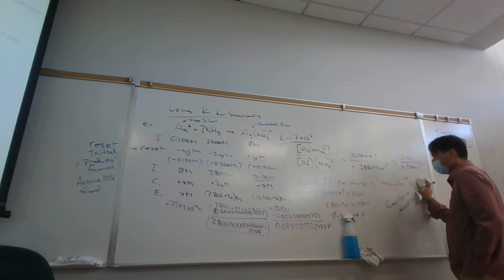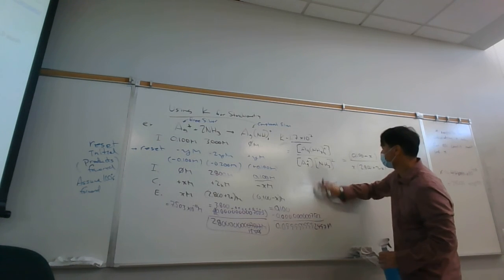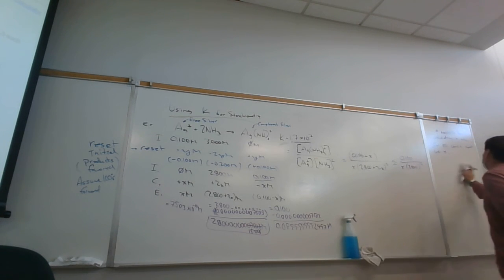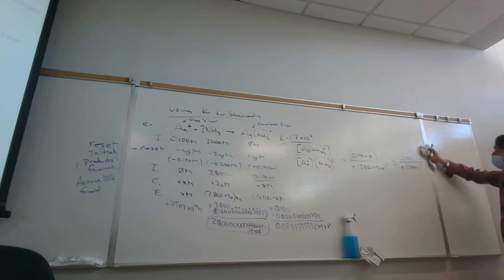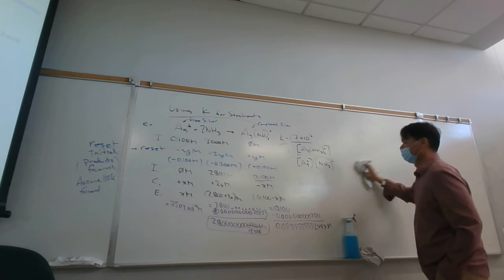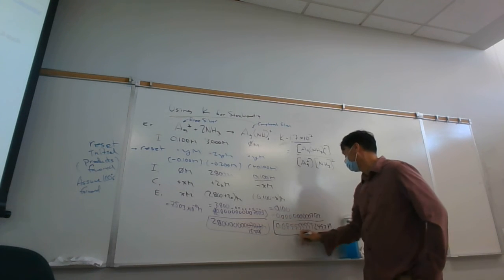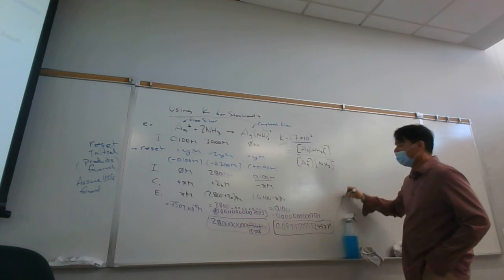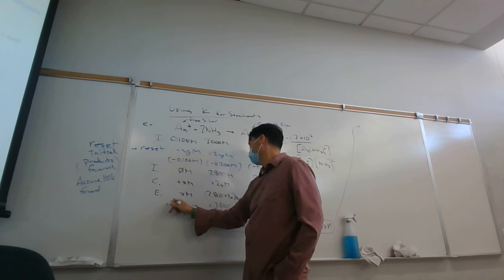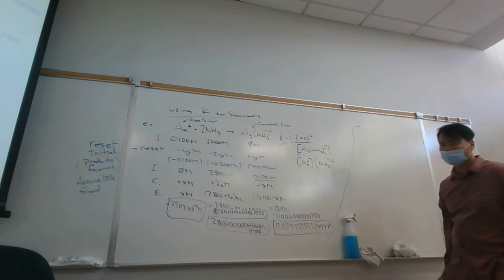All right, so these are the equilibrium concentrations. Now, how can I check to make sure the calculation is correct? Plug it back into the K equation, so let's do that. I'm going to do that before rounding these to the correct number of sig figs.